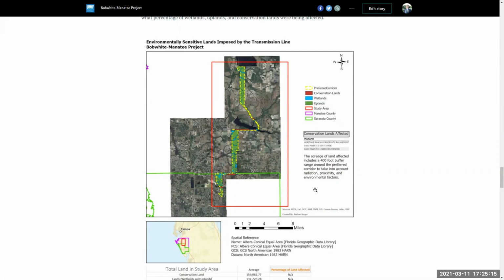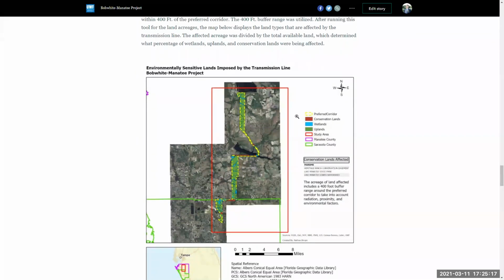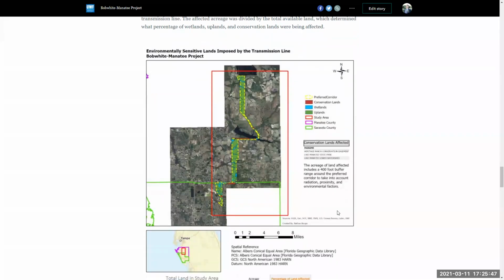So I clipped these layers to only show what is actually within the study area, and then I did a 400-foot buffer again outside the preferred corridor, and I did an overlay layers tool, which then intersected all of the polygon land that fell within the proximity of the corridor. So by doing so, all the land that you see highlighted depicted within those yellow boundaries is land that will be affected.